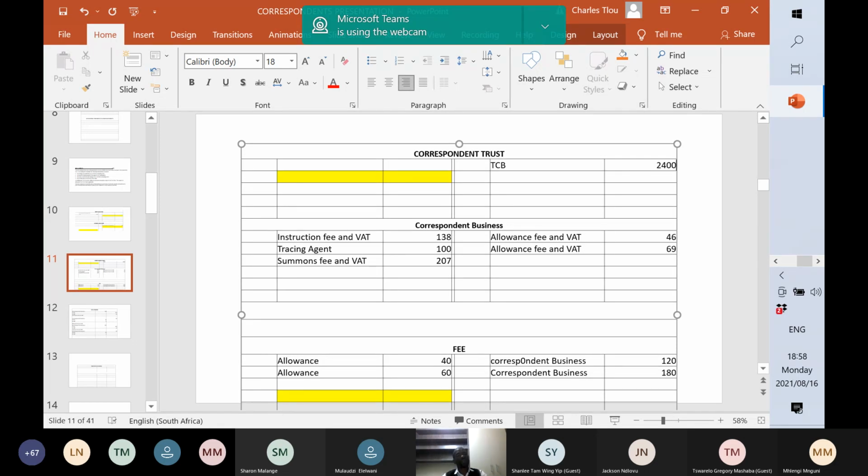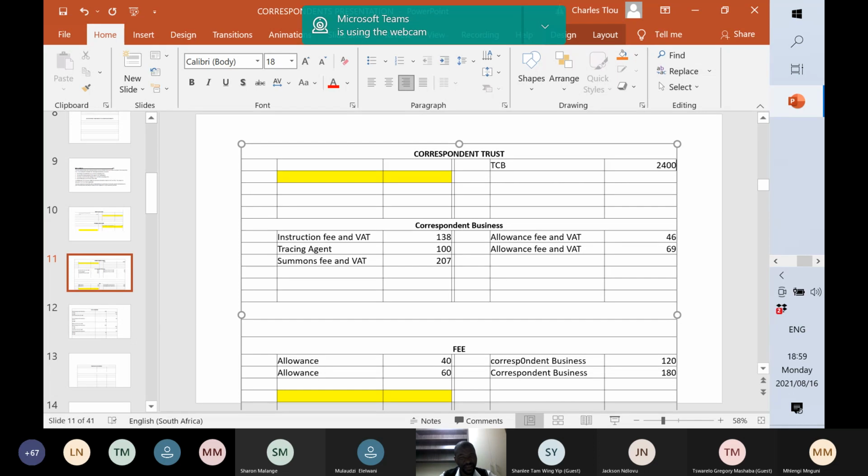Now, you also need to pay attention to this. You should not forget this. The 2,400 rand is the amount that we have collected. It's very important to remember. And we said earlier, when we talked about your collection commission, that when you collect an amount of money, you must also charge a collection commission or a collection fee.